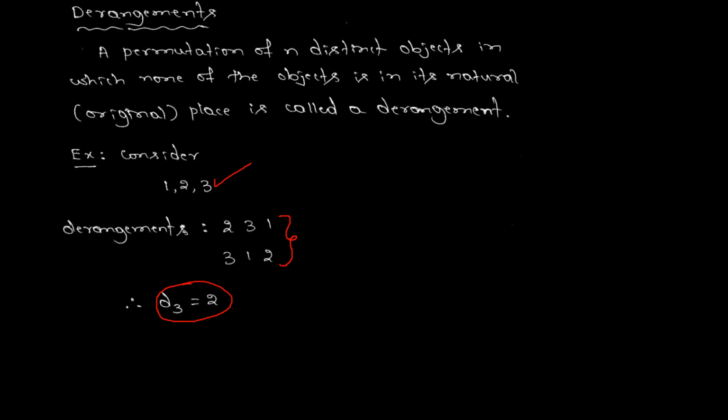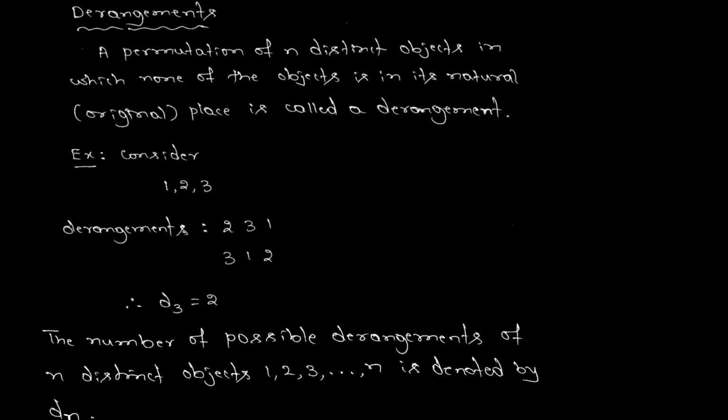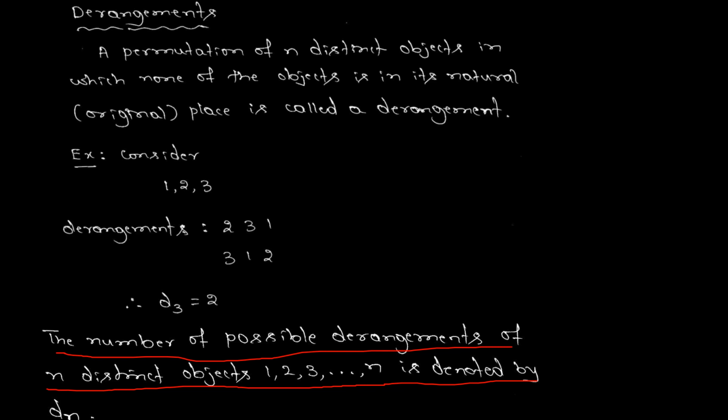What is this D3? D3 represents the number of derangements of 3 elements. Therefore, the number of possible derangements of n distinct objects 1 to n is denoted by Dn.